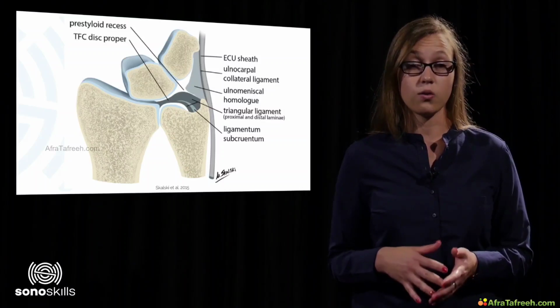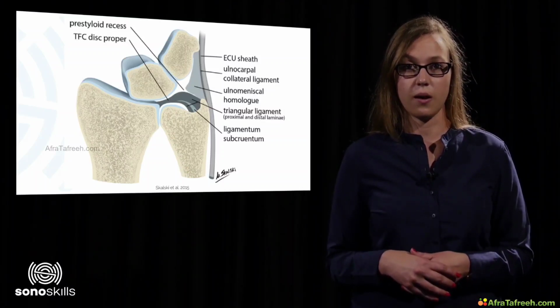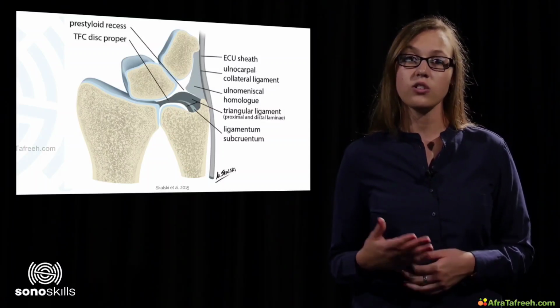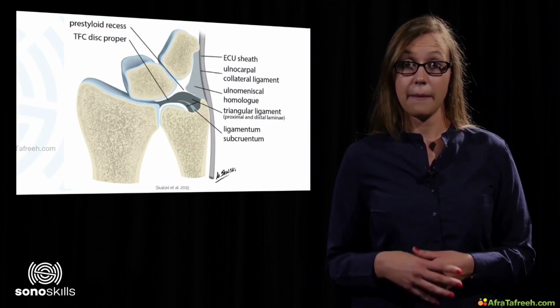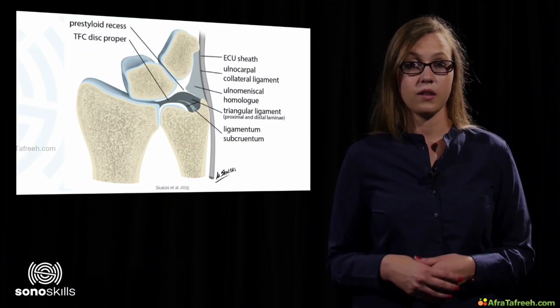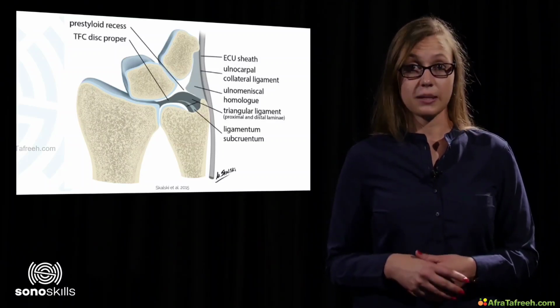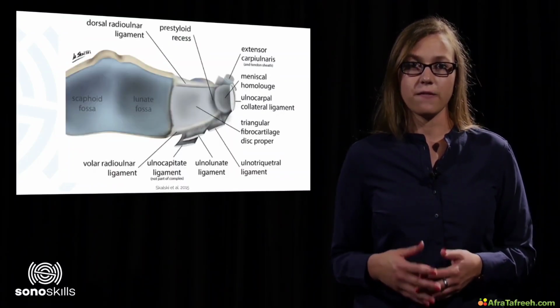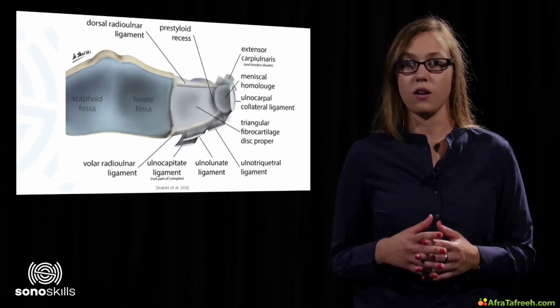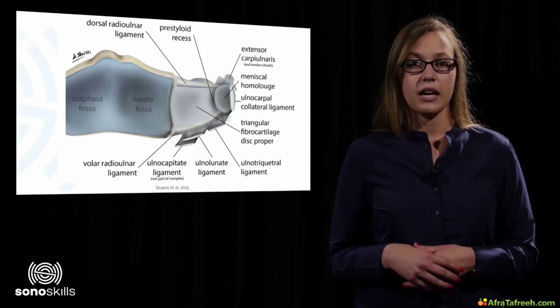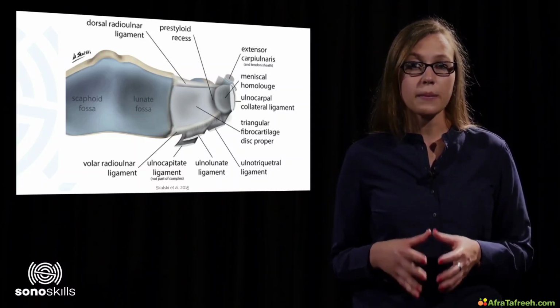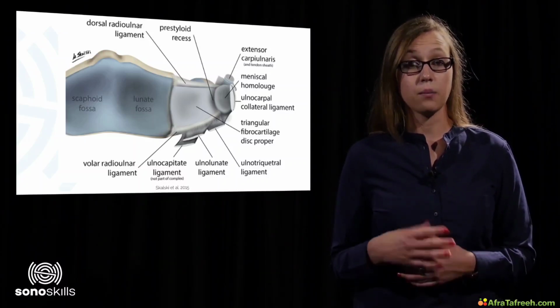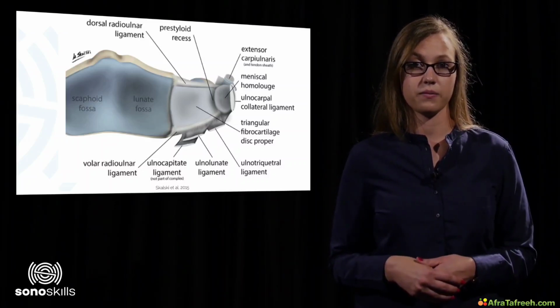Injury to one or several of the structures of the complex may lead to ulnar-sided wrist instability, pain, and clicking, which further may lead to disability. Although others have variably defined the constituent anatomy of the TFCC, here we mention the most commonly included structures and important parts of this complex.